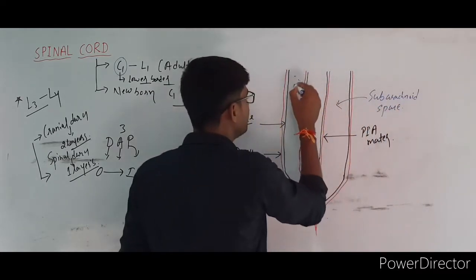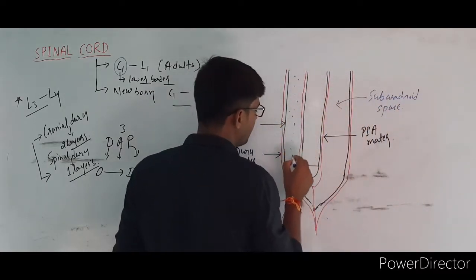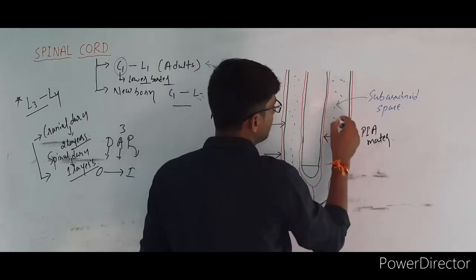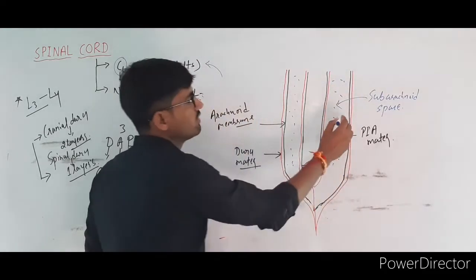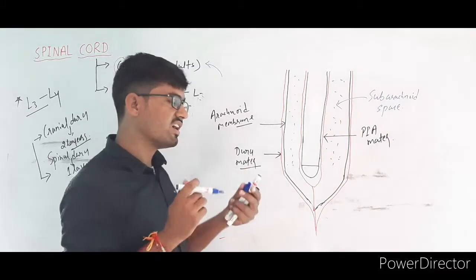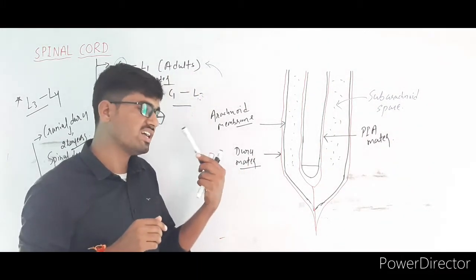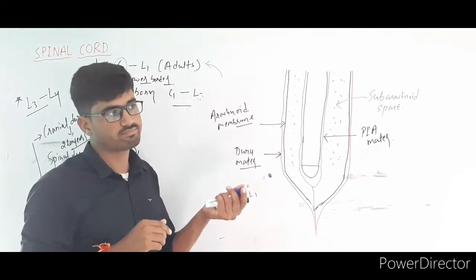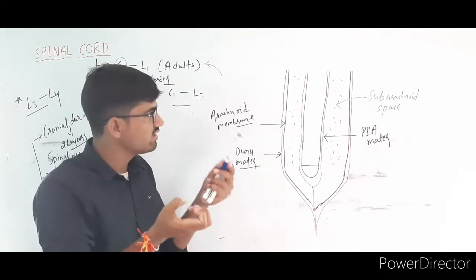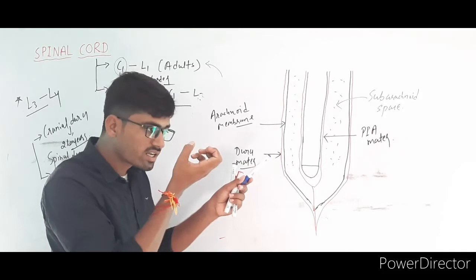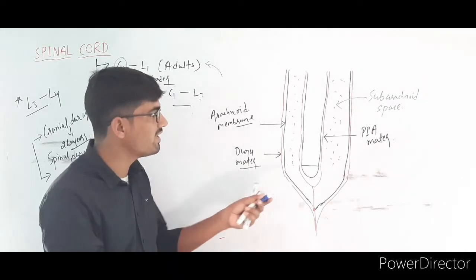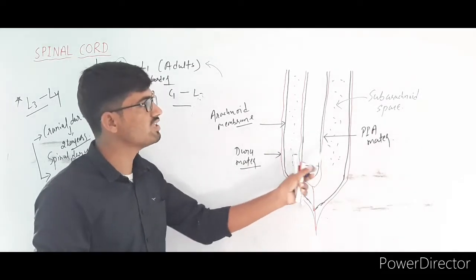And here, what is this thing? Can you tell me? This is the CSF. Yes. In CSF, what do we have to read? We have read that from the fourth ventricle, the CSF enters the central part of the spinal cord. See here, it enters the spinal cord.